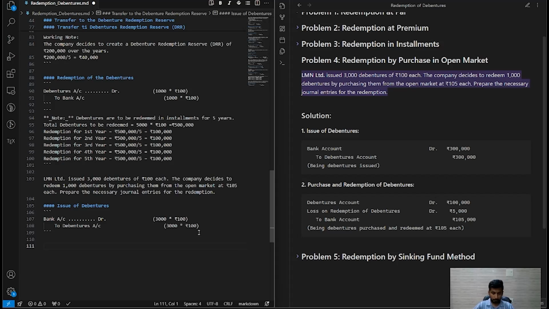Then, purchase and redemption of debentures. That is the debentures account debit, loss on redemption of debentures. Since we are redeeming at a premium, that means it is a loss for us, debit to bank account.